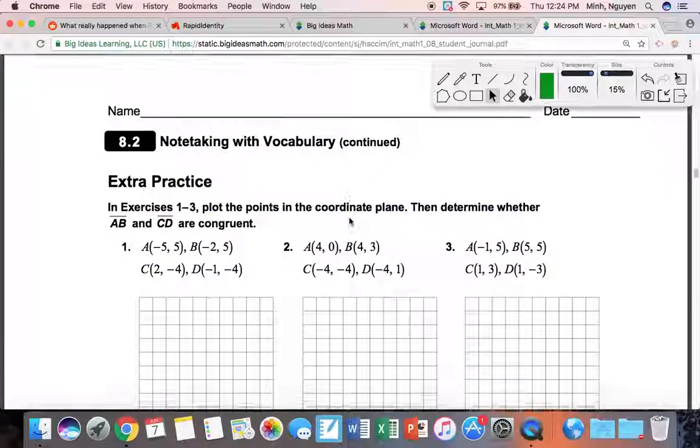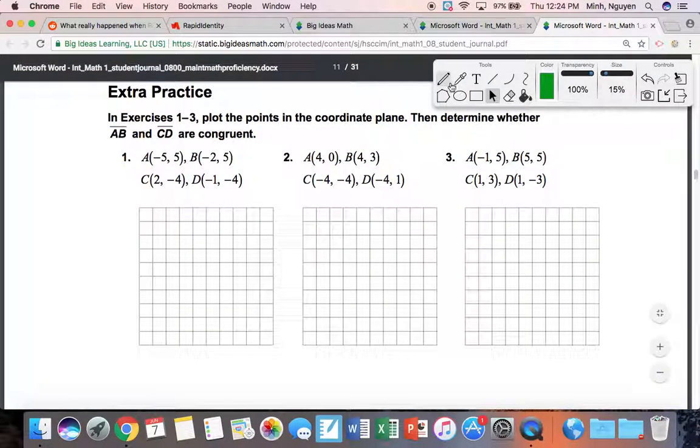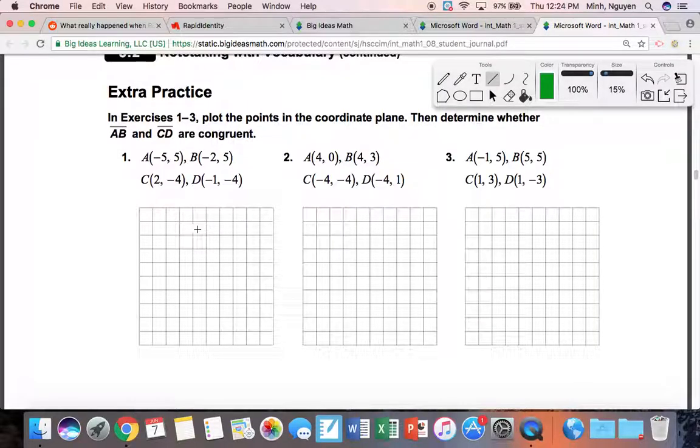How would you put that to use? So let's go into these examples. Plot the points in the coordinate plane, -5, 5. So let's see, my x value has to go down to -5 and up to 2. And then my y value has to go up to +5, 1, 2, 3, 4, 5, and down to -4. Okay, I think something like this will be alright.